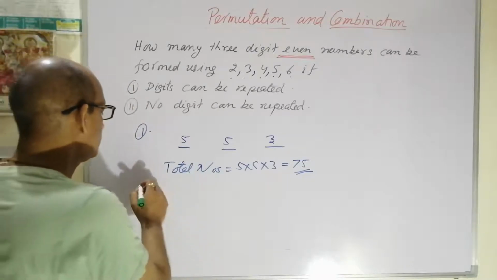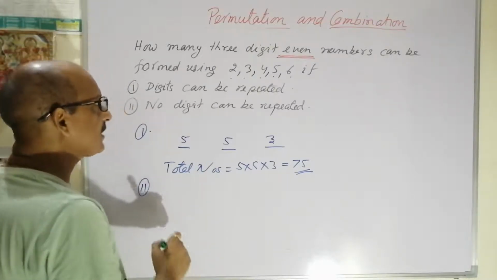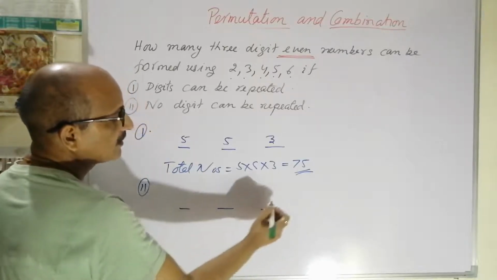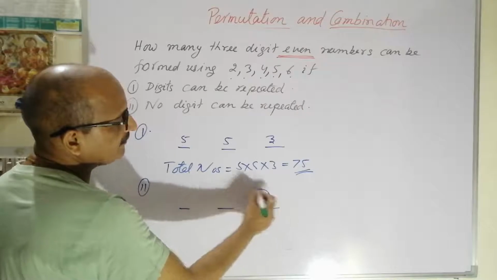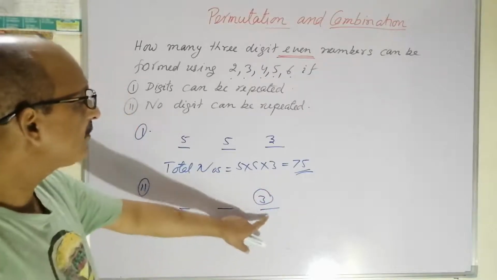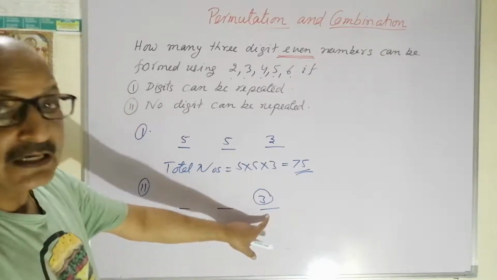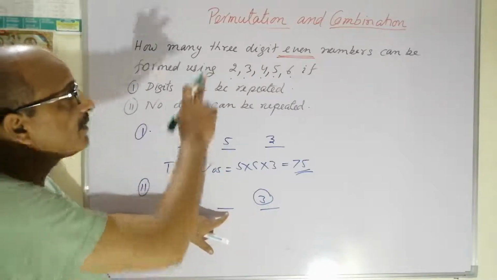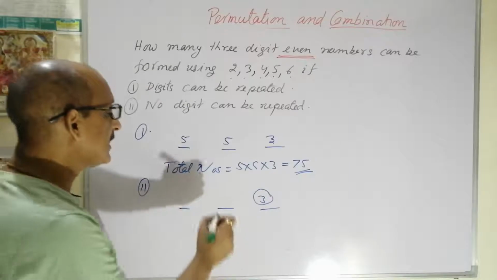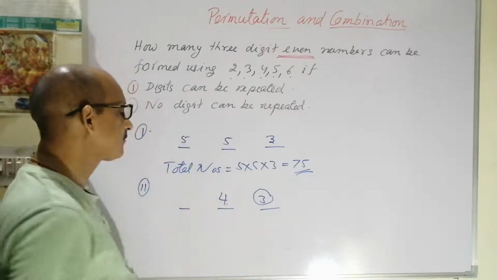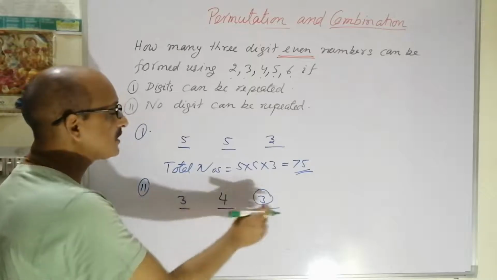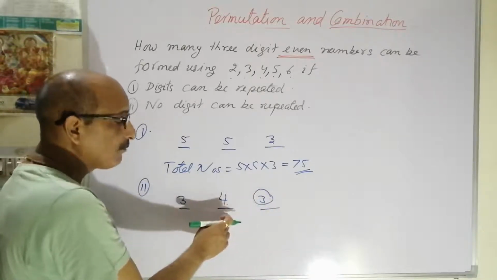Now the next, when repetition is not allowed, in this case again we'll create 3 positions. This can be filled again in 3 ways only. But the number which is used here will not be used here. Total numbers are only 5, so this can be filled in 4 ways. And this can be filled in 3 ways, because now one is used here and one is used here.